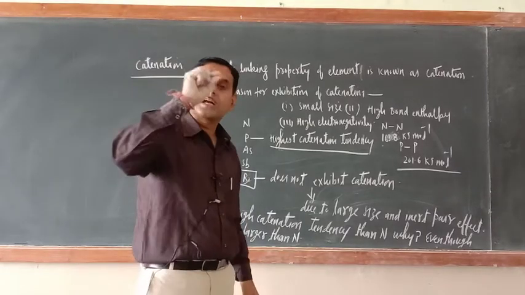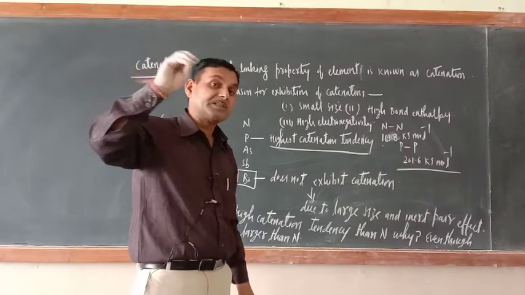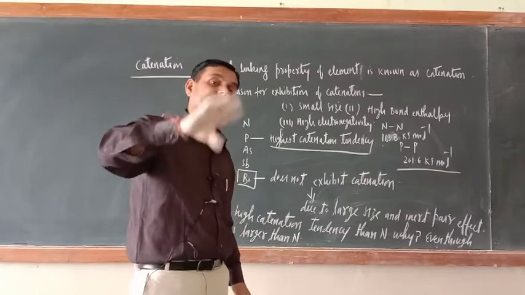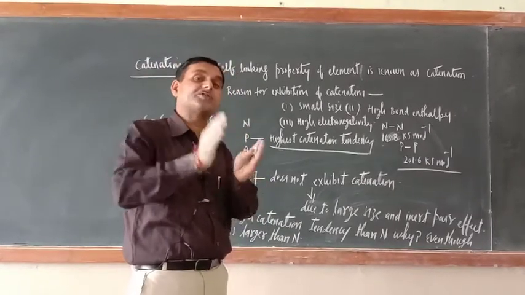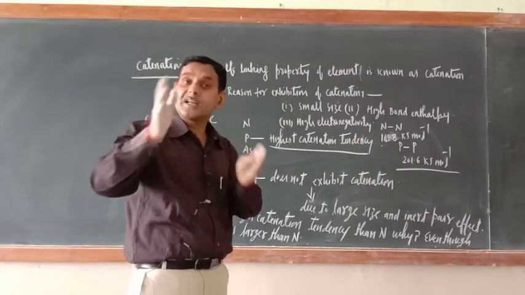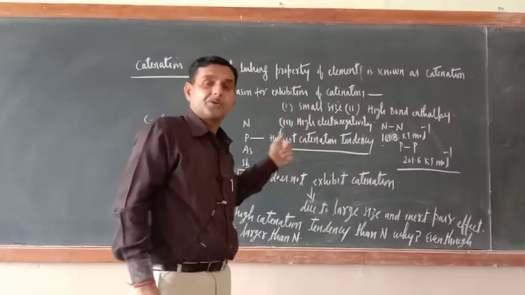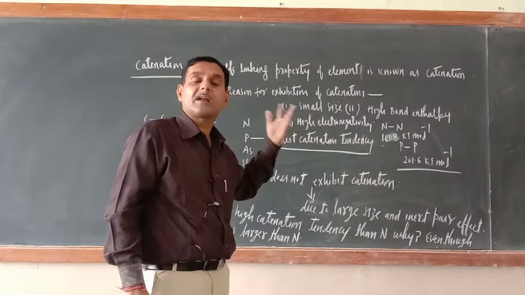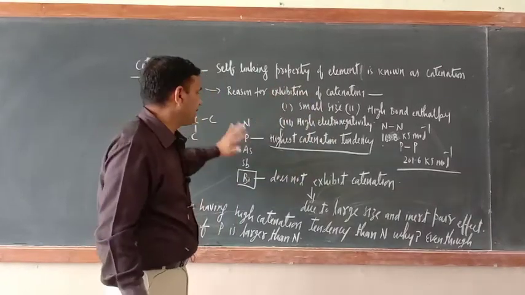Second one is carbon-carbon bond enthalpy is also very high, means the bond formed when carbon and carbon join together is very strong. And electronegativity of carbon is also high among its group members, that is why carbon has got the highest catenation property. Now see the 15th group.